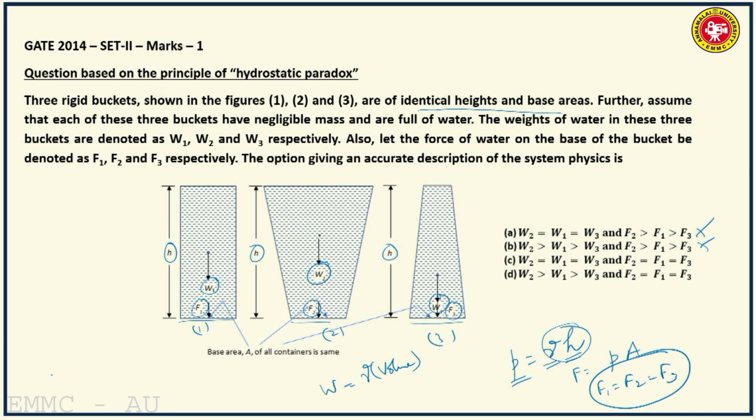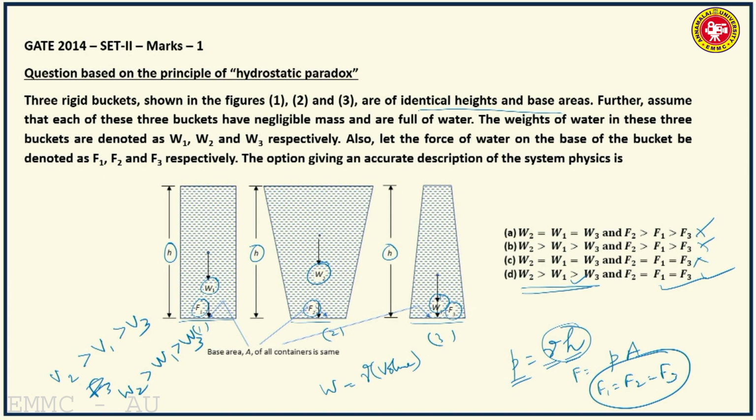So in fact, volume V2 is greater than V1 is greater than V3. That means W2 is greater than W1 is greater than W3. This is all right. And F2 is equal to F1 is equal to F3. So this is the correct option.